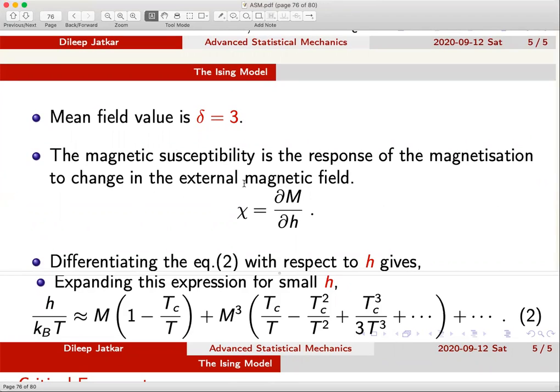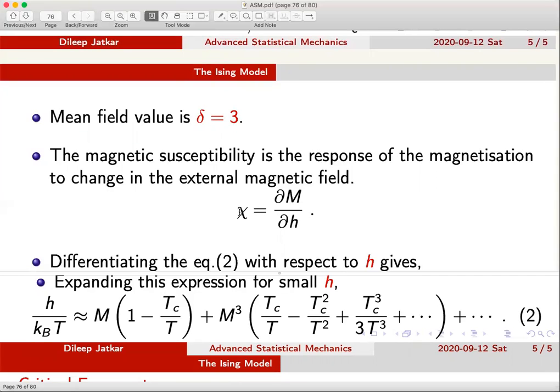Magnetic susceptibility is the response of magnetization to the change in external magnetic field. You have a system which has a certain magnetization. This magnetization could be spontaneous, or it could be due to an external magnetic field. In other words, we will check the susceptibility of the system both at T less than Tc, where you may have spontaneous magnetization, but also for T greater than Tc, when you do not have spontaneous magnetization but you may have magnetic field induced magnetization.